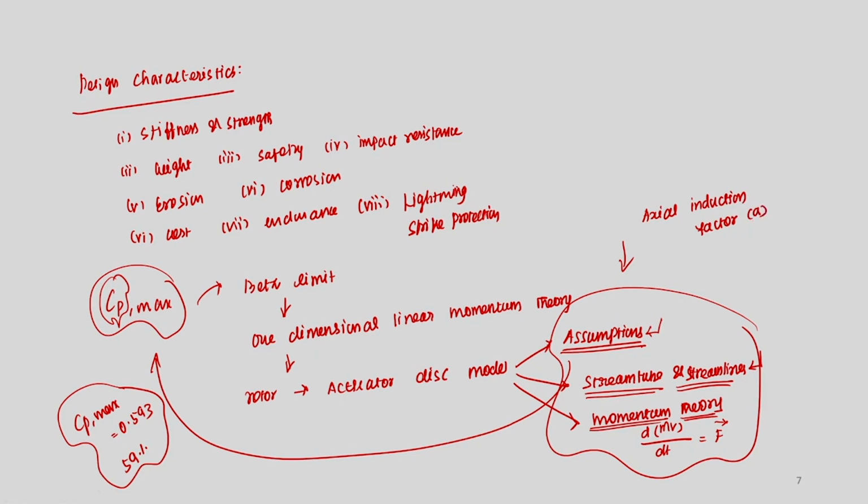Okay. So, we derived certain things. One is Cp, which is nothing but rotor power upon power in wind. So, the rotor power we derived is half rho A V cube, right.